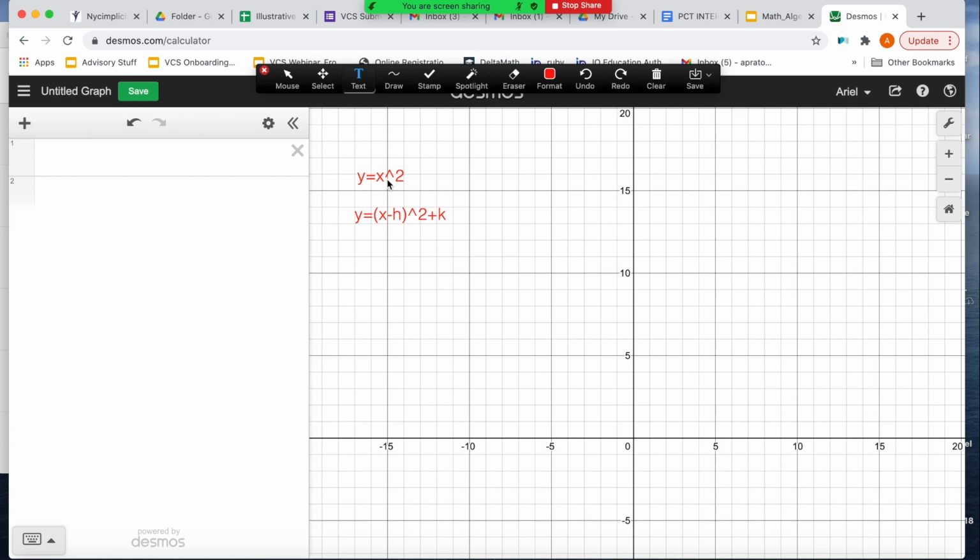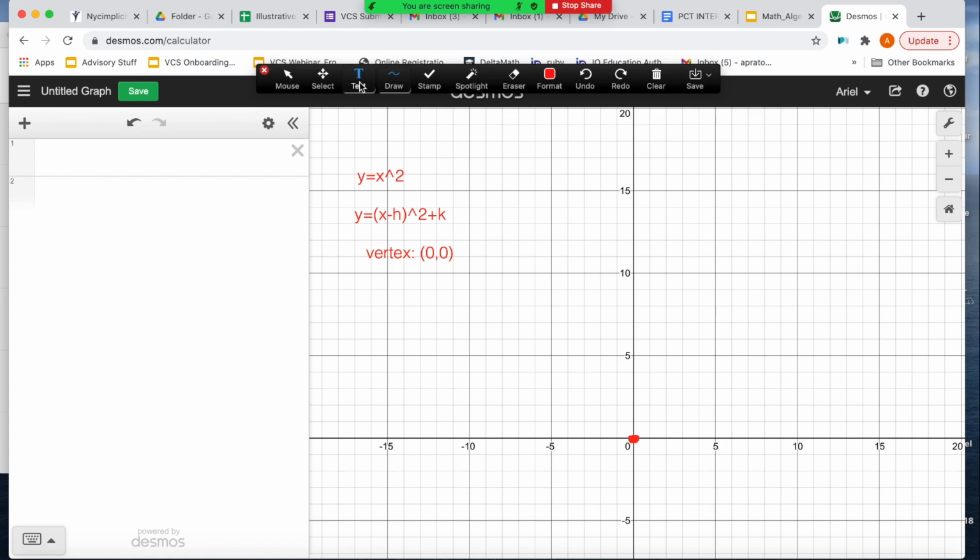Well, in this situation, we don't have an h and we don't have a k, so we know they're 0. So the vertex is really 0, 0. So we can go ahead and start by plotting that point, 0, 0.